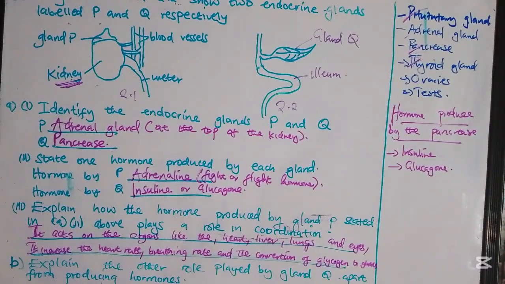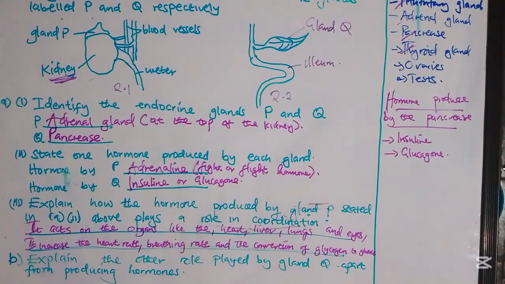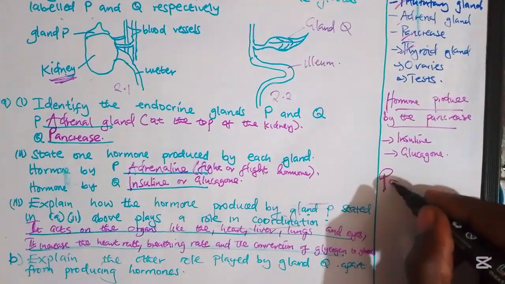Moving on to our part B. Explain the other role played by gland Q apart from producing hormones. Remember I said gland Q, so we are talking about the pancreas.